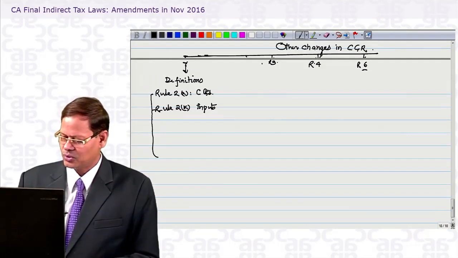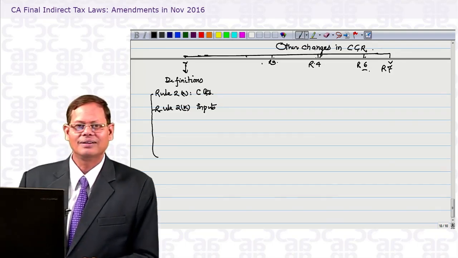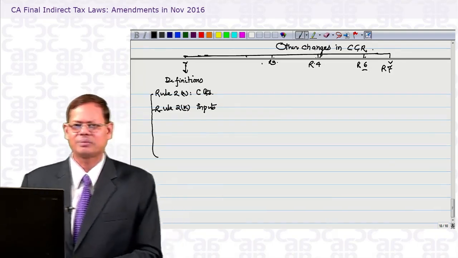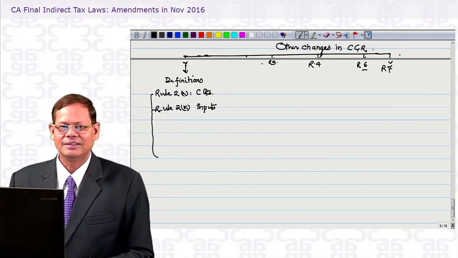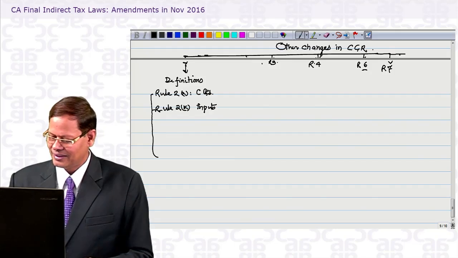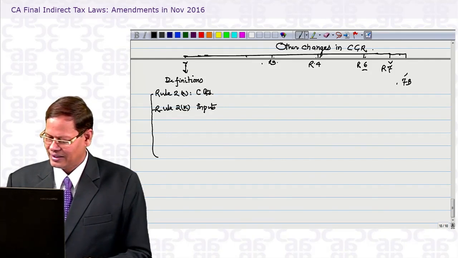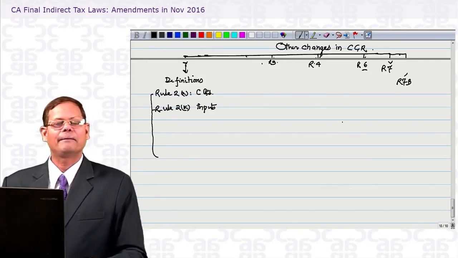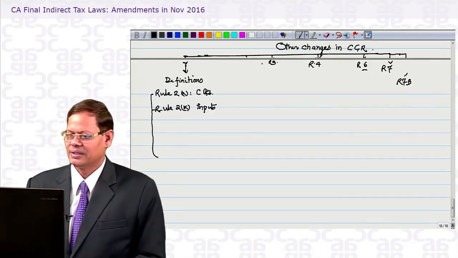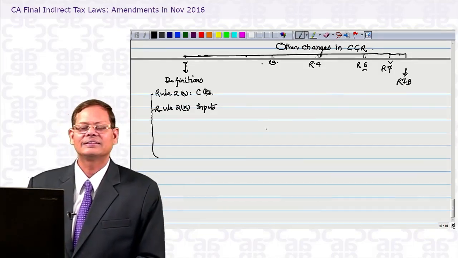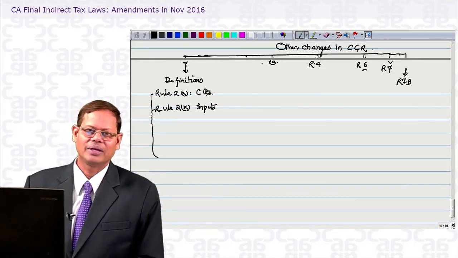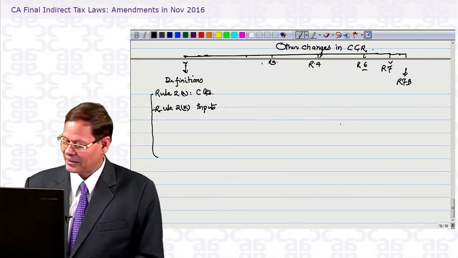Rule 6, of course, input service distributor, Rule 7, they have almost redrafted, the concept is the same. And they have added a rule called Rule 7B. Earlier it was not there, now they have added Rule 7B. Okay? And Rule 8, routine, Rule 9, Rule 9A.